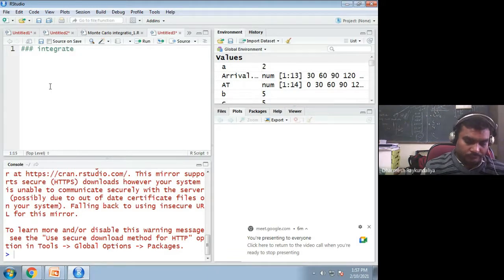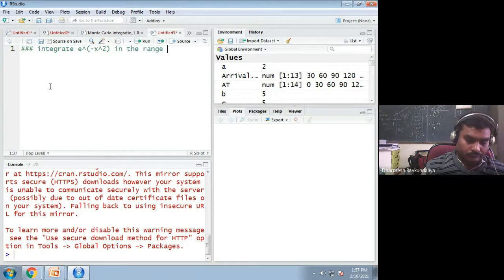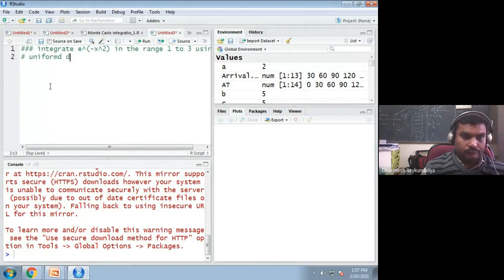Integrate e raised to minus x square in the range 1 to 3 using the uniform distribution as the PDF in Monte Carlo integration.